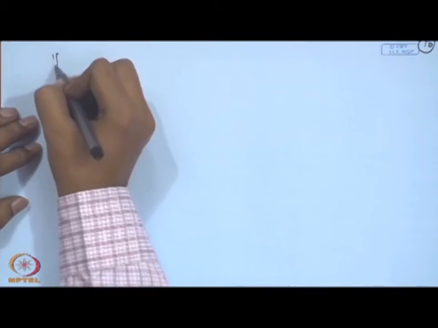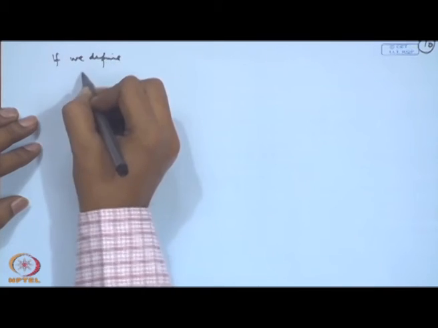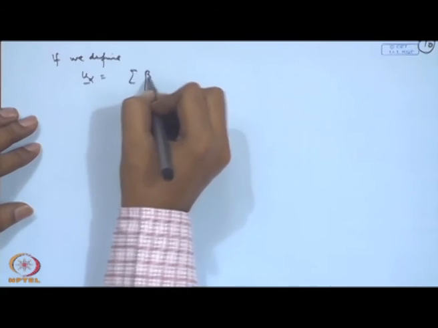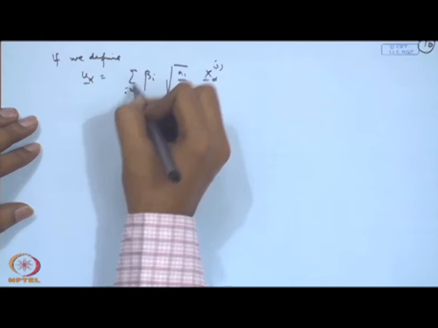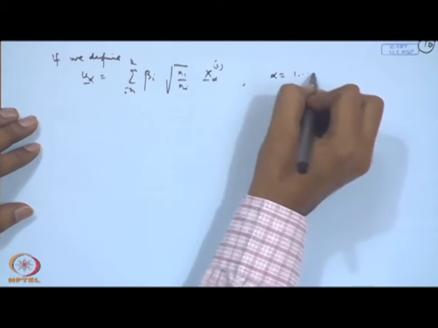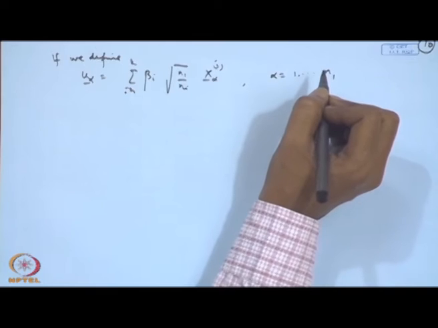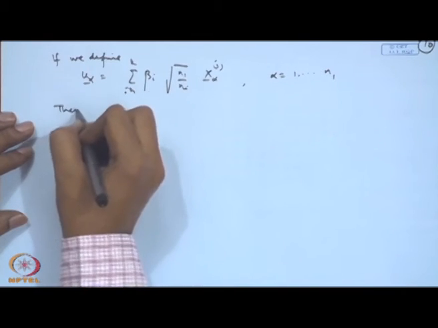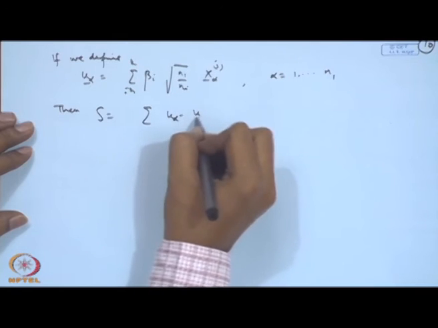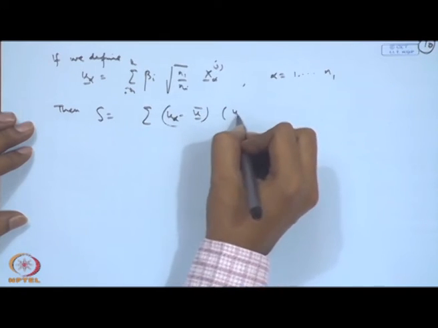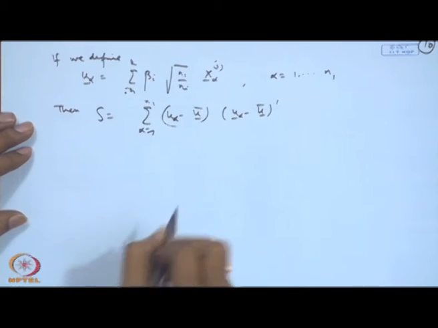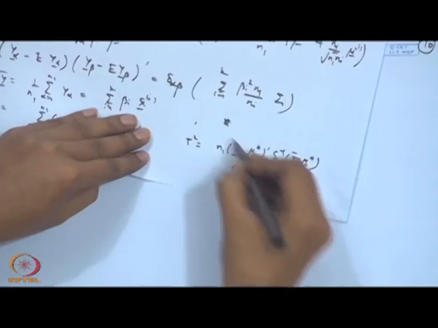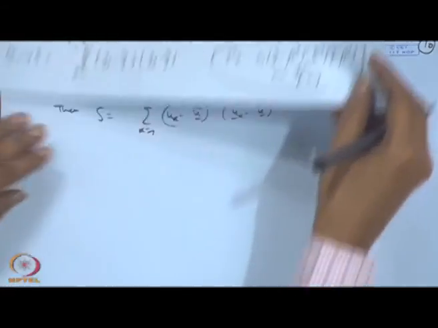If I define say u alpha is equal to sigma beta I root n 1 by n I x alpha I, I is equal to 1 to k for alpha is equal to 1 to n 1, then based on this S is nothing but sigma u alpha minus u bar u alpha minus u bar transpose. So, one can use this based on the Hotelling's T square statistic.